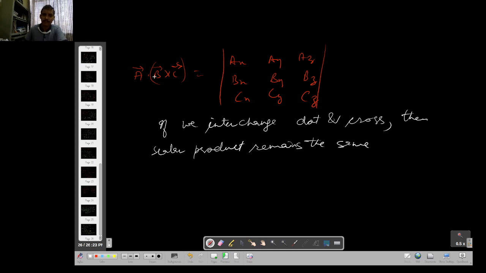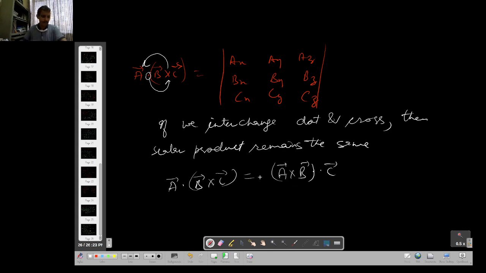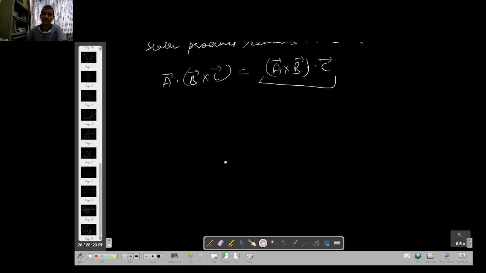So that means A dot B cross C is equal to A cross B dot C, right? So what do we do? Let us start with this part. Let us try to prove it.